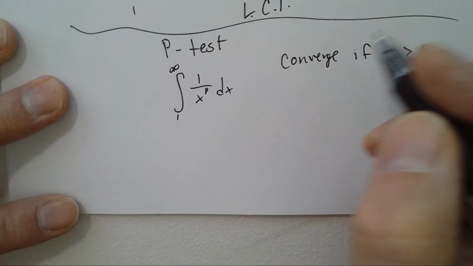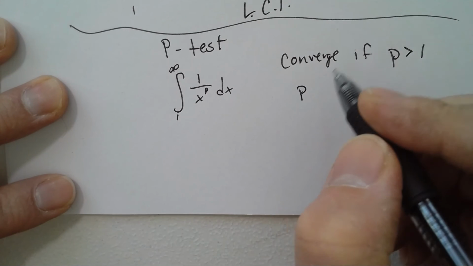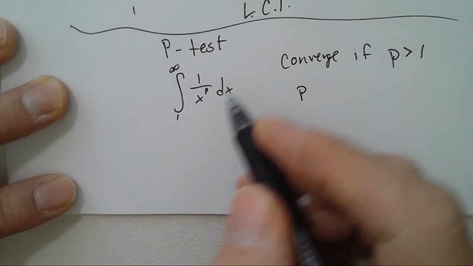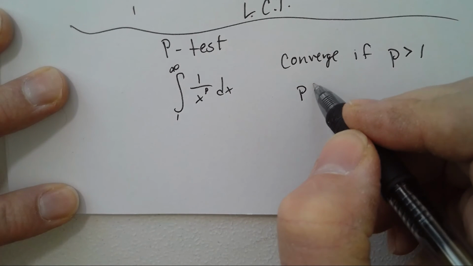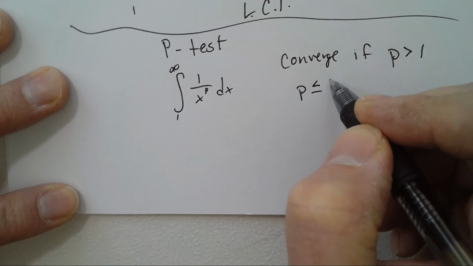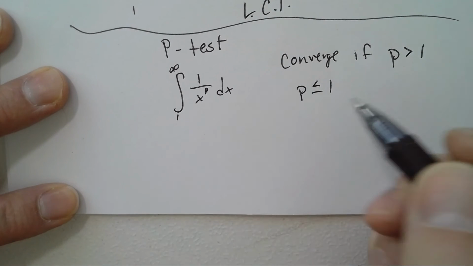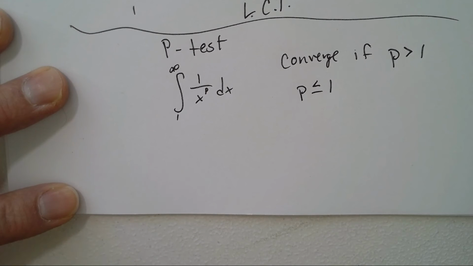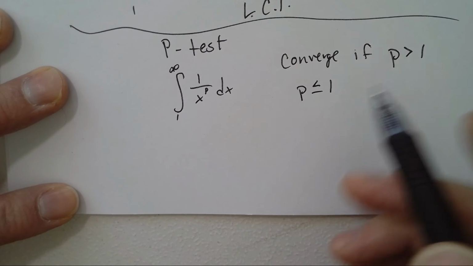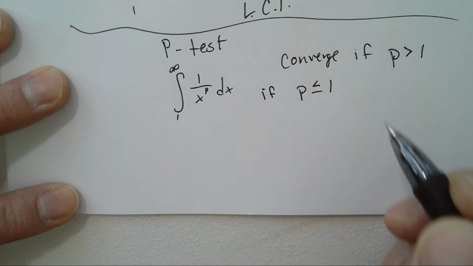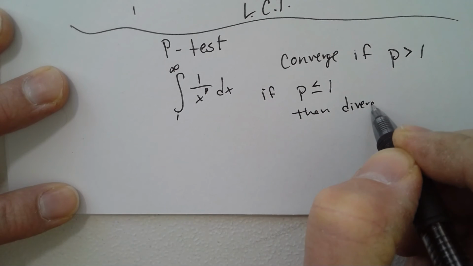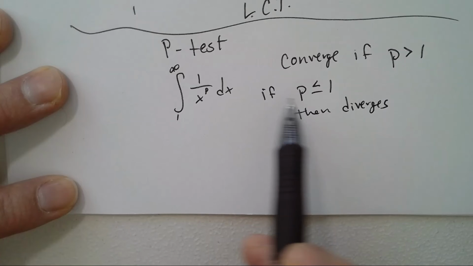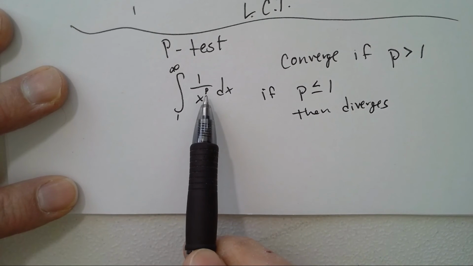Also, it's implied that p is positive, but if p is less than or equal to 1 and greater than 0, then it diverges. So we know immediately whether it converges or diverges based on what p is.